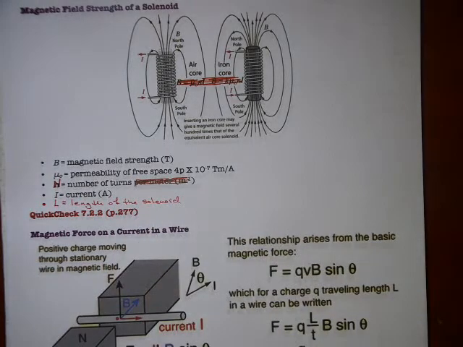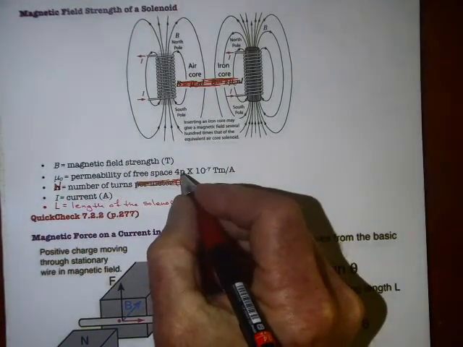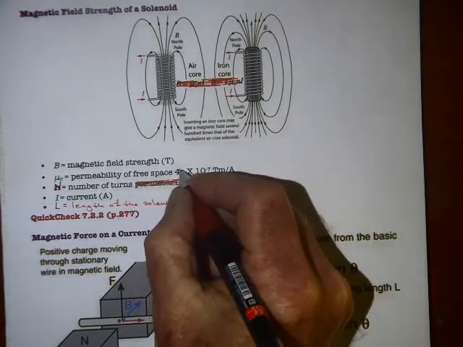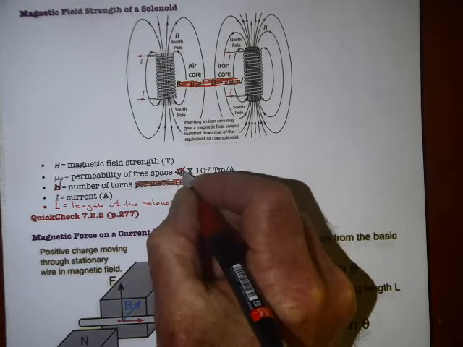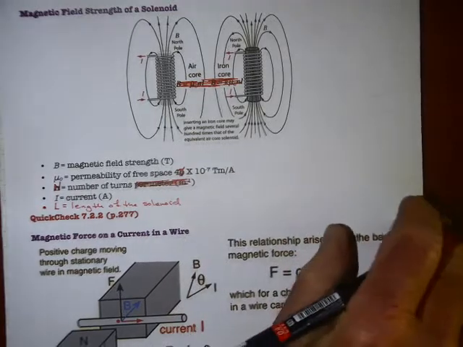There's one other problem here that was produced when I went to print this: this P here should be pi, not a P. You're probably looking at that and saying, what the heck is that? Pi.